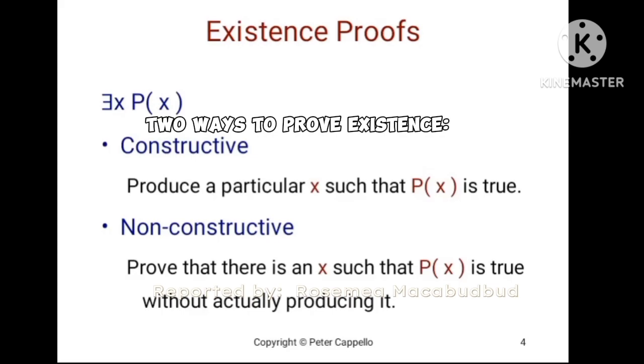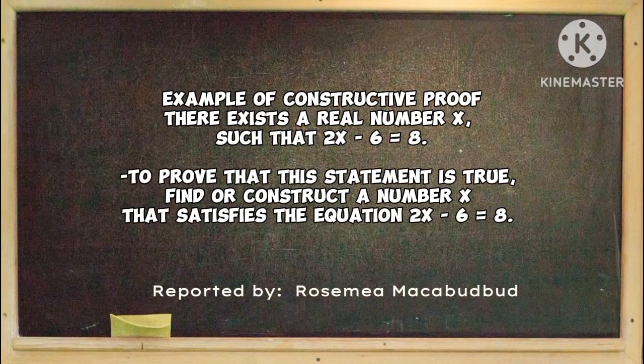In a constructive proof, we produce a particular x such that P(x) is true. In a non-constructive proof, we prove that there is an x such that P(x) is true without actually producing it. For example, there exists a real number x such that 2x minus 6 equals 8.